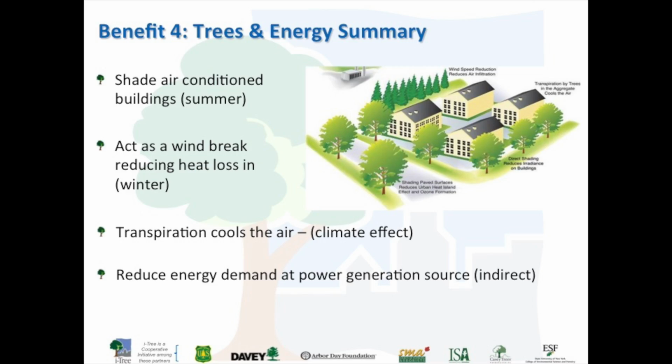So it's giving us a credit attributed to trees indirectly. So, four different things when we talk about trees and energy. It's a little bit more sophisticated, and this is just a quick overview of some of those things that you keep in mind when you're thinking about your landscape. And some of the tools that we'll start looking at are available that can show you some of these impacts.